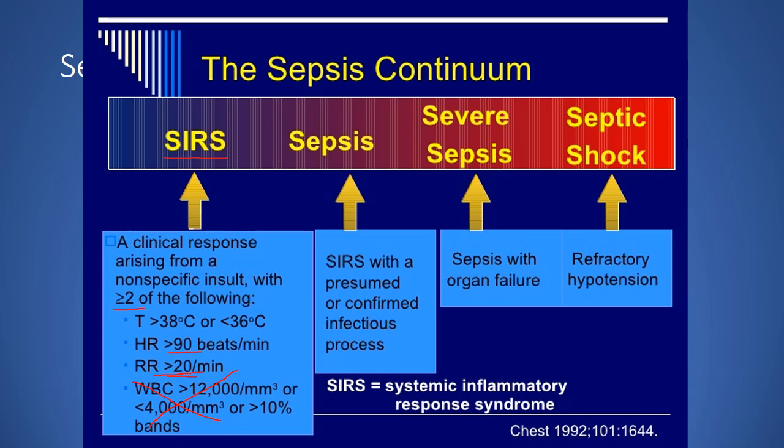Tachycardia would be a second SIRS criteria. And then if they have an elevated or a low temperature, that would be another SIRS criteria. So if they have a fever, tachypnea, and tachycardia, that's three of them. They have SIRS criteria. To be septic, then we need to look at, do they have some sort of presumed or confirmed infection.